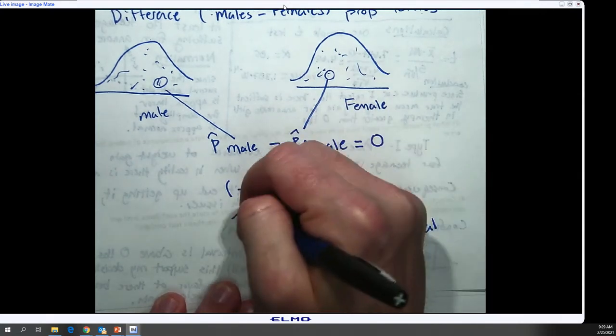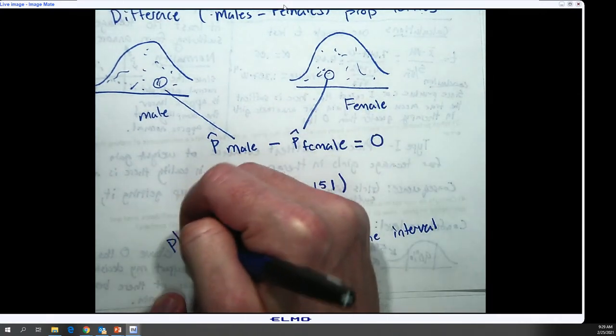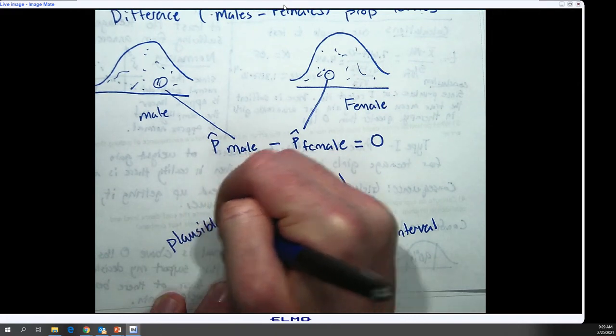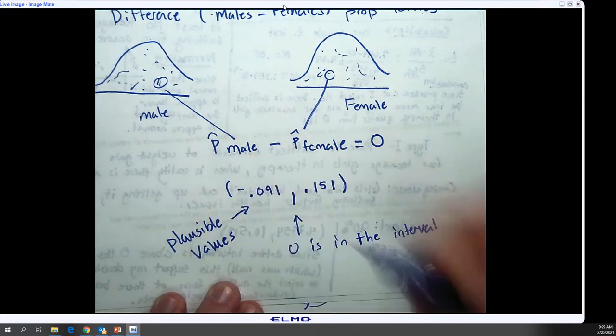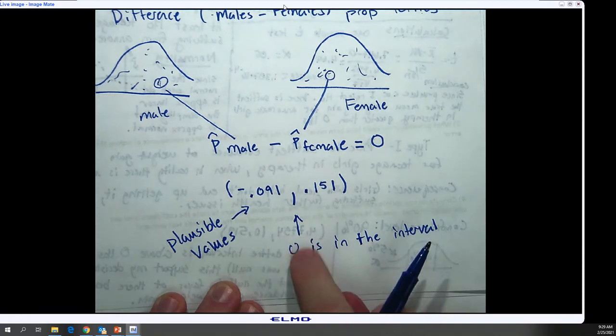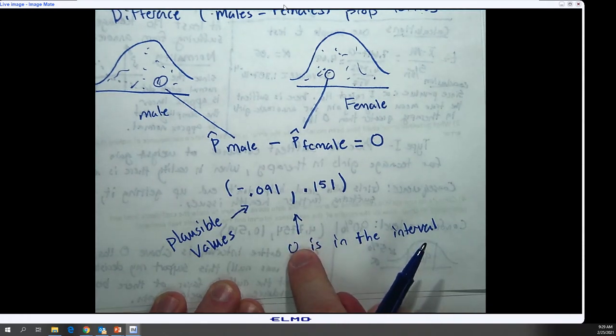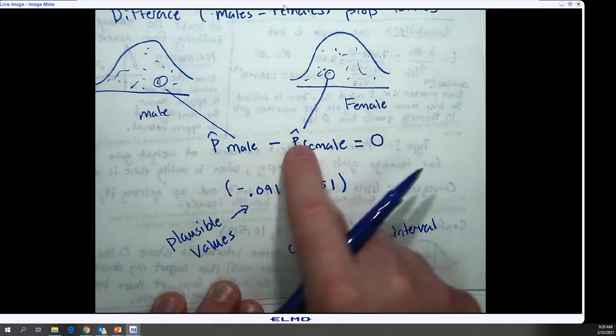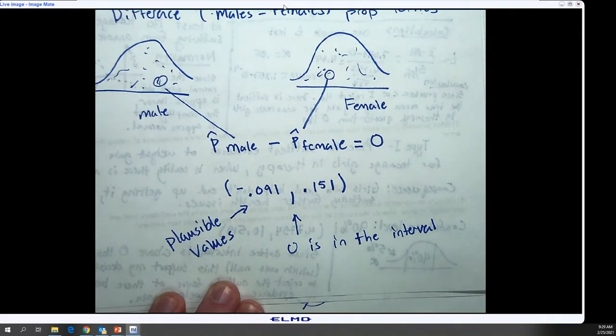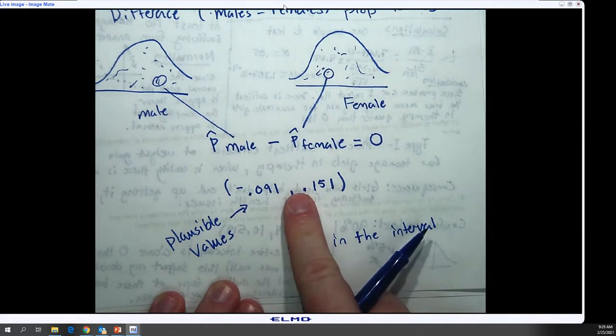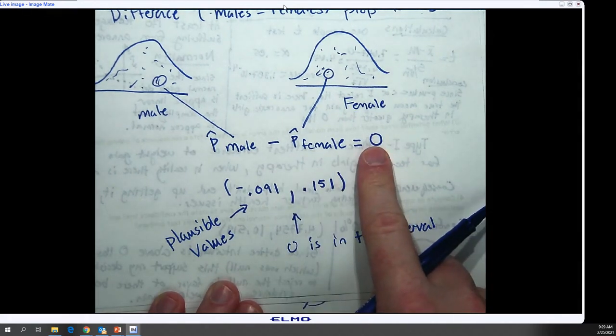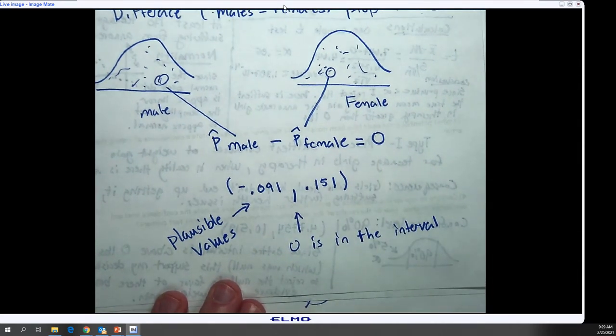Remember, this is an interval of plausible values. And what we're saying is, apparently 0 is a plausible value for the difference, which means there might not be a difference between males and females when it comes to being left-handed. The fact that 0 is in that interval is telling us that there might not be a difference. That's a pretty important understanding.